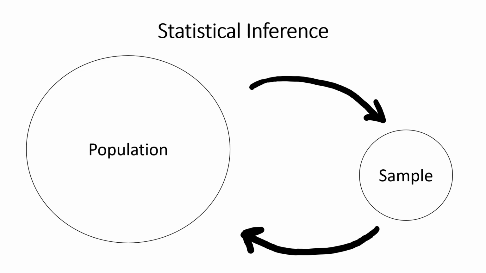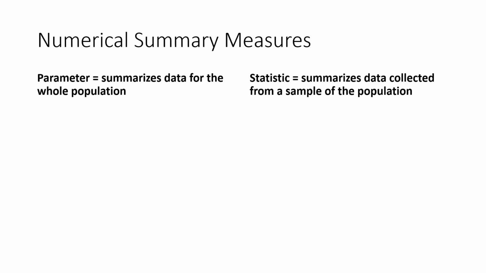When we talk about the numbers that we use to summarize the data in a population and the numbers that we use to talk about data in the sample, when we talk about numerical summary measures, we differentiate between numbers that are summarizing data in the entire population and numbers that are summarizing data from just a sample.